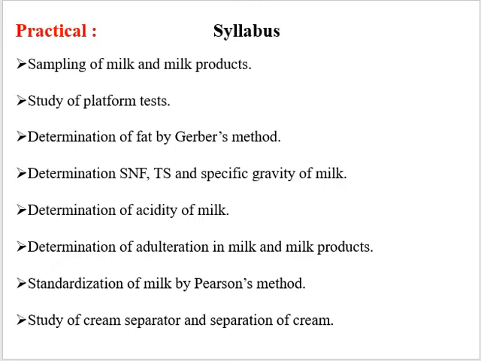Then the next practical is determination of acidity of milk. Next, determination of adulteration in milk and milk products. Then standardization of milk by Pearson method. Then study of cream separator and separation of cream.